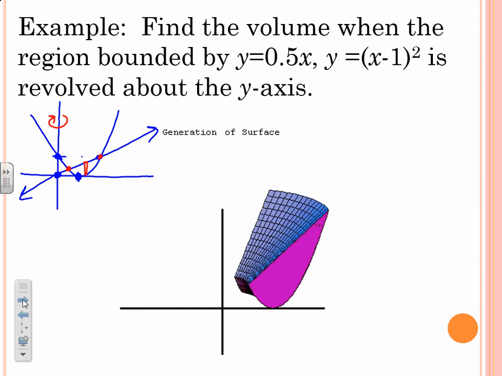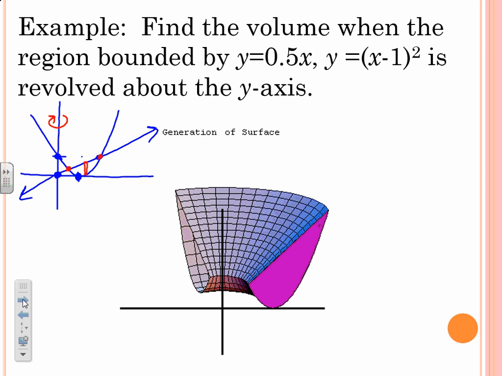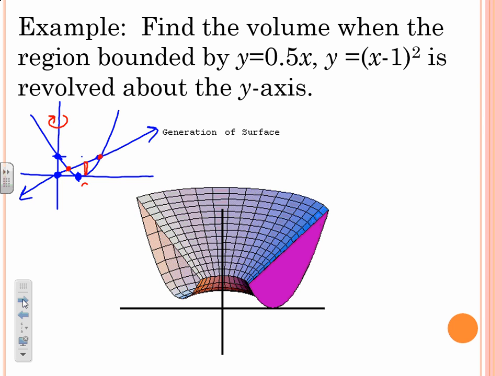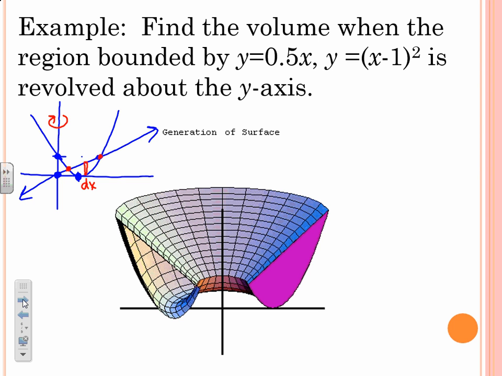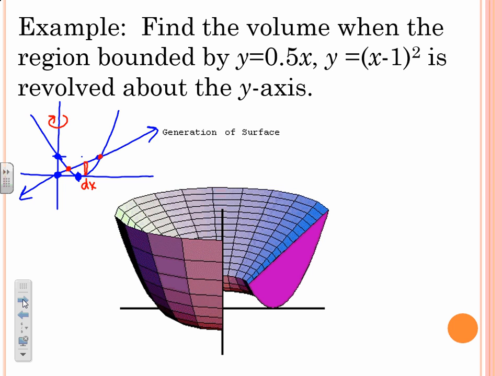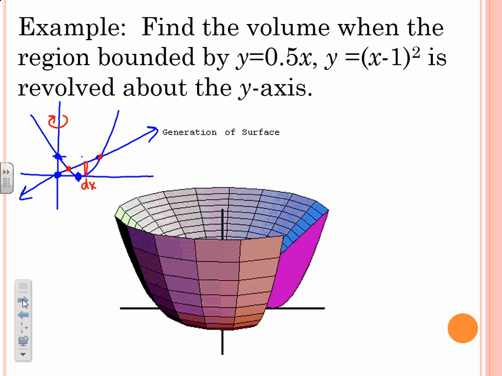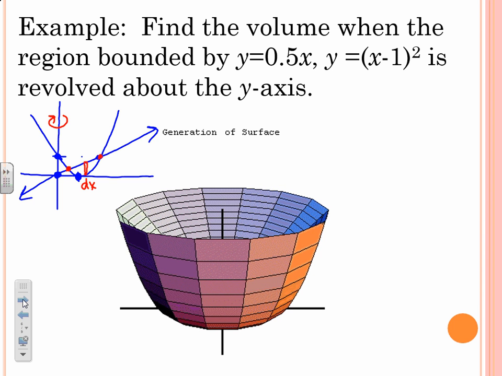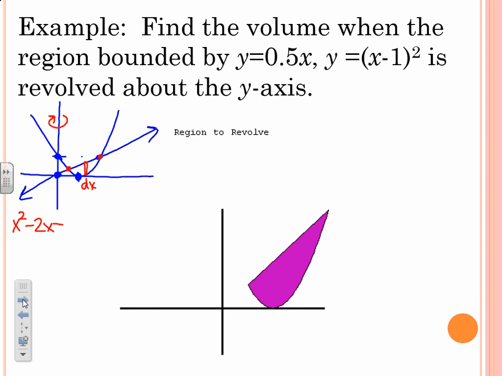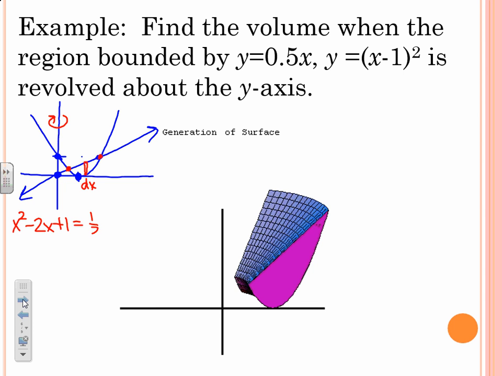This has thickness dx, which means we need to know these x coordinates right here. How are we going to figure those out? Set them equal to each other. So x squared minus 2x plus 1 needs to equal 1/2 x.